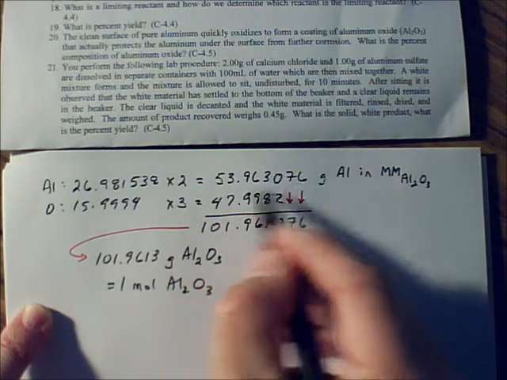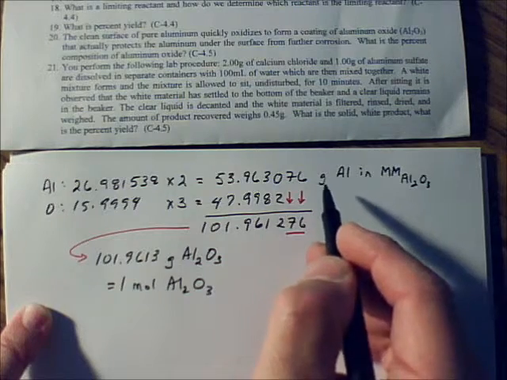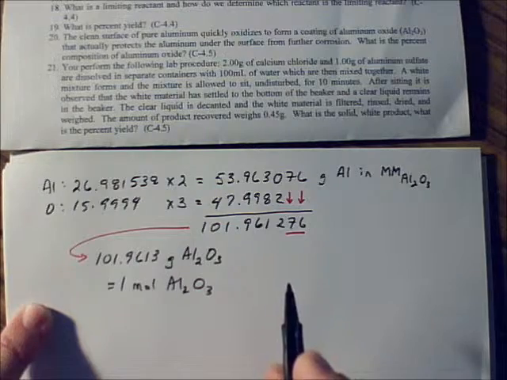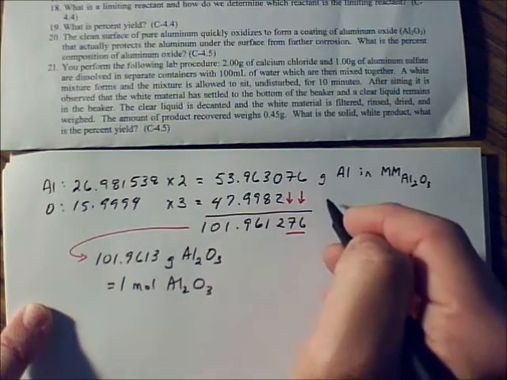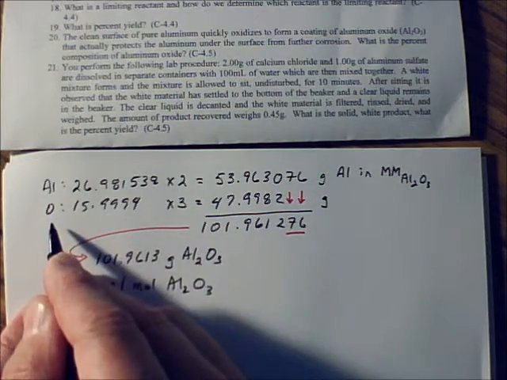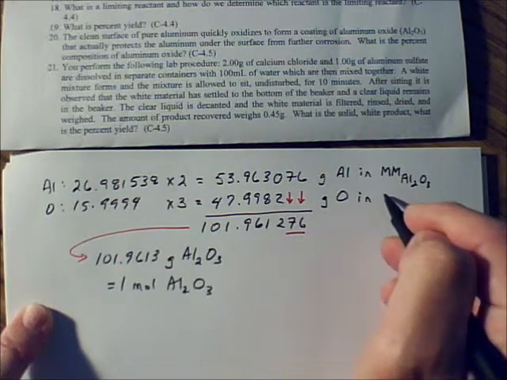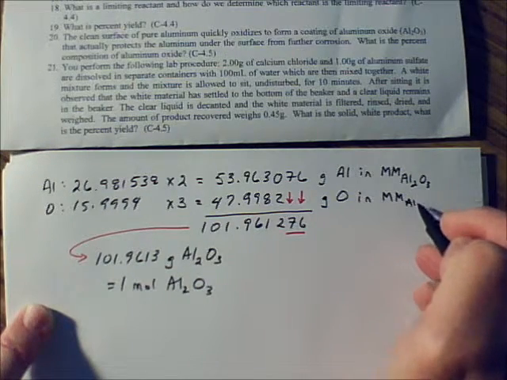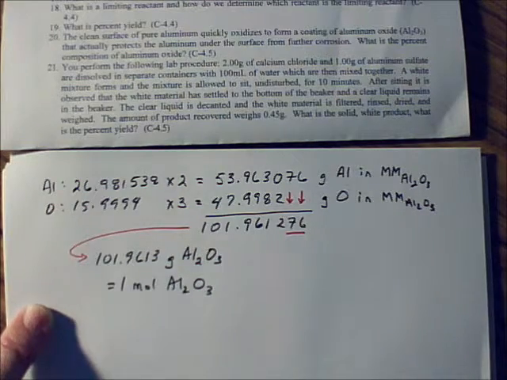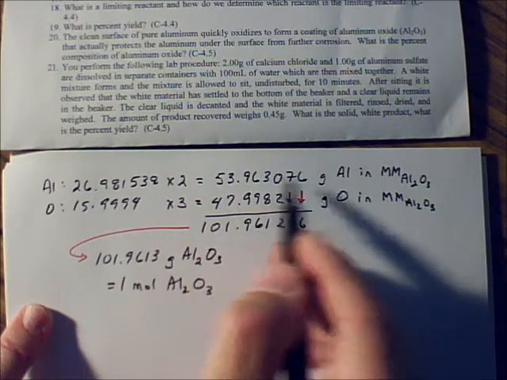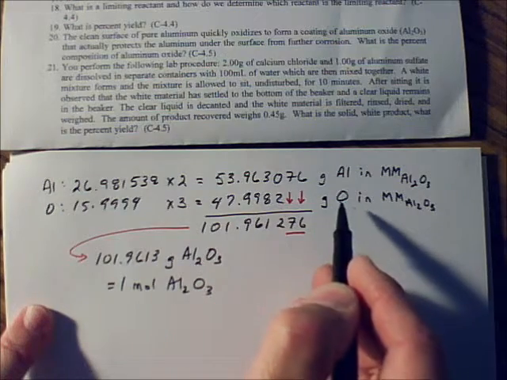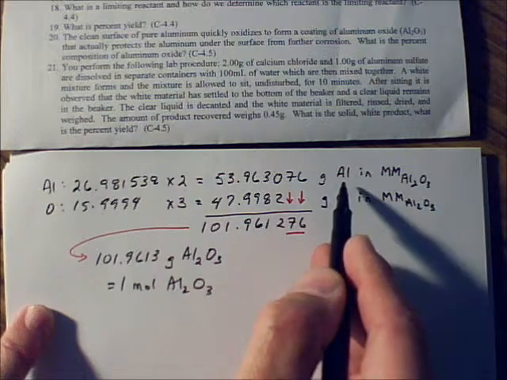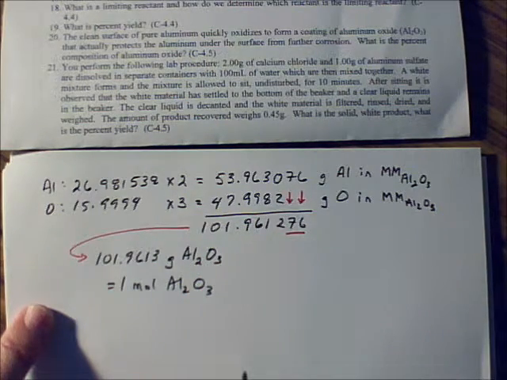This mass right here is the total mass of all the oxygen in the total molar mass of aluminum oxide. So out of this total molar mass, this is the mass that is accounted for by the aluminum, and this is the mass that is accounted for by the oxygen.